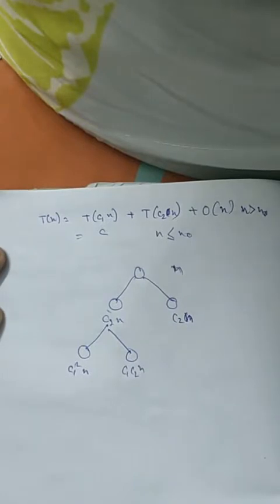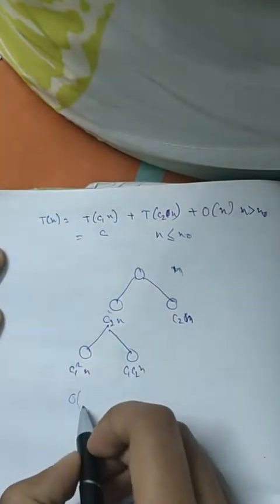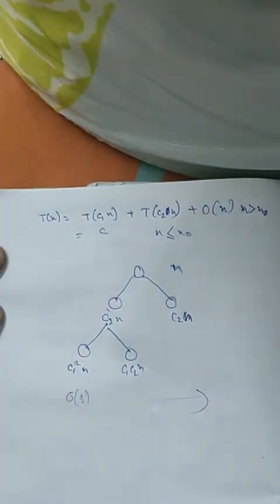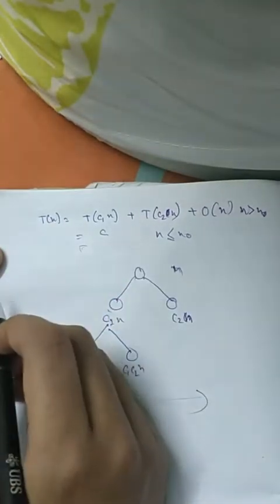So basically this way the tree grows, and we can finally say the leaves become order 1, count the number of leaves, which is usually an upper bound on the number of internal nodes of a binary tree, and find out the time complexity of this recurrence relation.